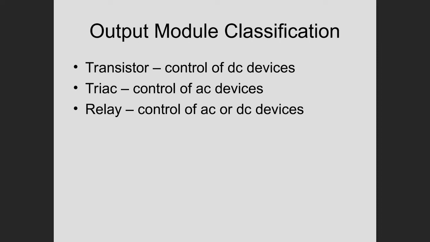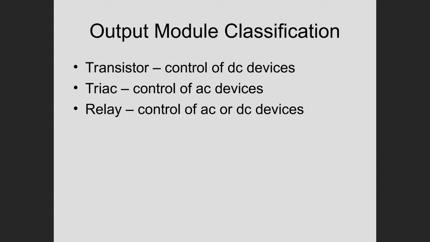You probably call it an IC chip. Well, a transistor is not an IC chip. IC chips are built from transistors. So it's the smallest piece of electrical device you can have that's solid state, if I can say it like that. The thing to remember, though, is that transistors can only control DC devices.